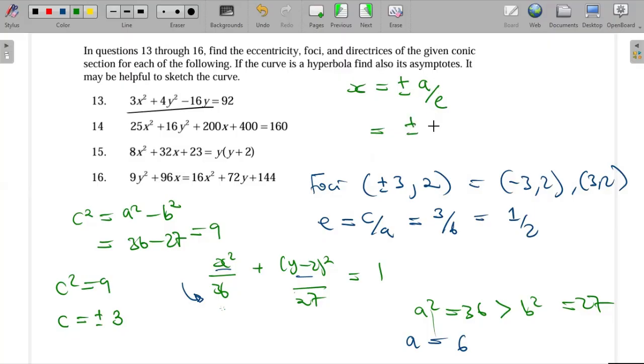Your a is 6, and our eccentricity we found as a half. Dividing by a half is the same as multiplying by 2, which gives plus minus 12. So this is what you're going to get as your directrix, plus minus 12. Meaning there are two lines, one this side and the other that side.